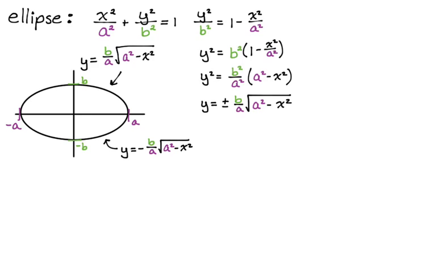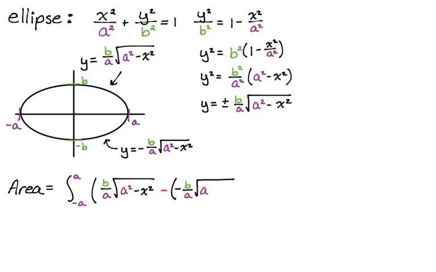Now we know from finding areas of regions between curves that we can set up an integral for this. I'm going to use it with respect to x, so it's the integral from negative a to a of the top curve, which is b over a times the positive square root, minus the bottom curve, which is the negative b over a square root thing, and then all of this is dx.